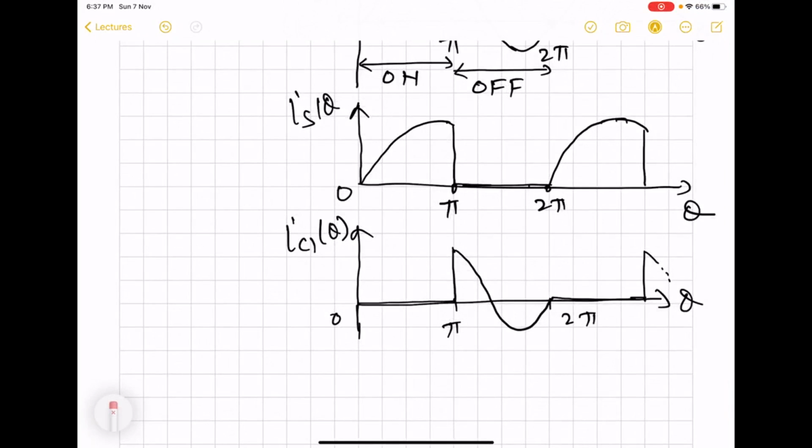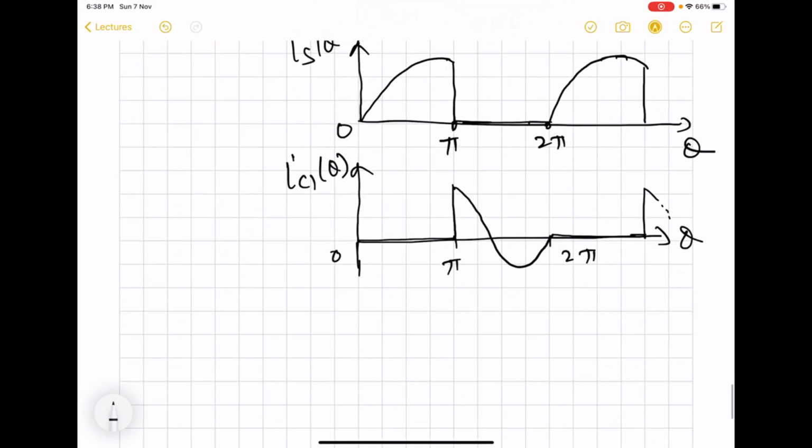Here we see that the capacitor current is positive for a certain portion and negative for the rest of the second half of the cycle. For the T1 duration, the current flows into the capacitor, and for the T2 duration, the current flows out of the capacitor.